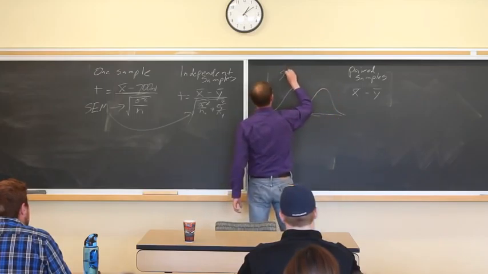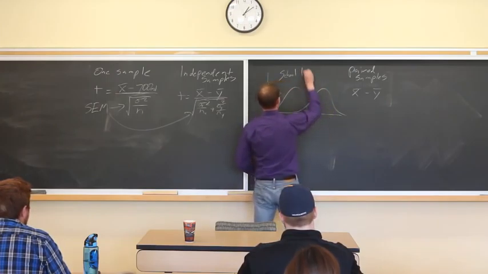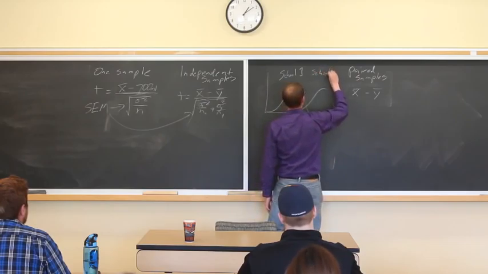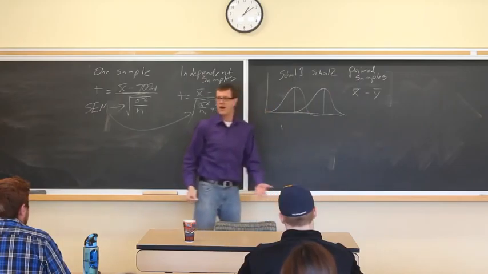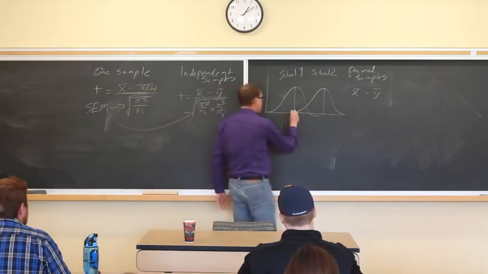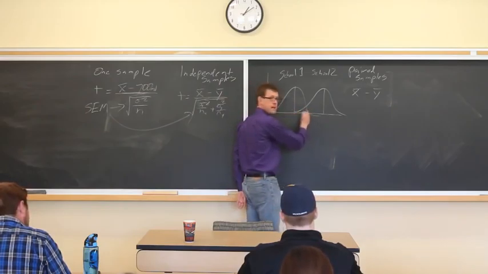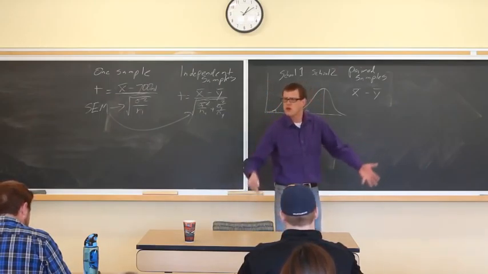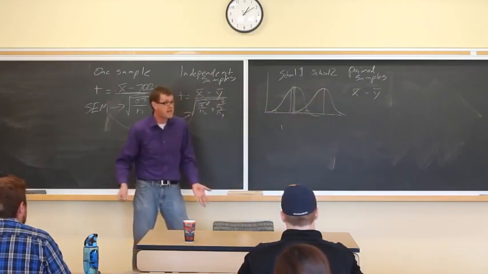So school 1, school 2. And we have some mean number of violent behaviors in each school. You can imagine if we were plotting the violent behaviors per day, there'd be a couple days with very little, a couple days with a lot, and a lot in the middle, right? Closer to the mean. So we have distributions like this for the two schools potentially.